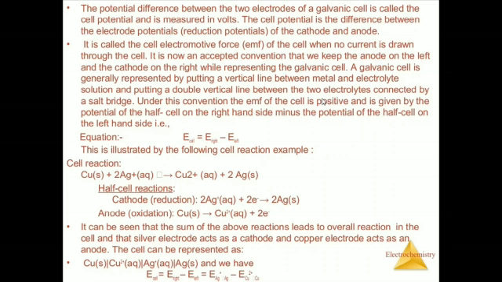It can be seen that the sum of the above reactions leads to the overall reaction in the cell, and that the silver electrode acts as the cathode and the copper electrode acts as the anode.